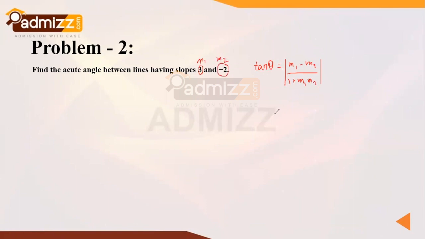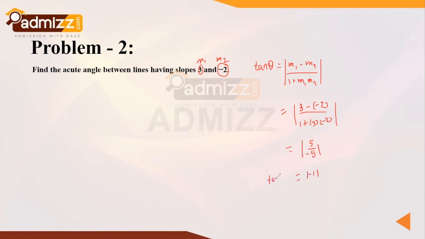Simple substitution: 3 minus -2, that is 5, divided by 1 plus 3 into -2, that is 1 plus -6, which is -5. So 5 upon -5 is ultimately modulus of -1.